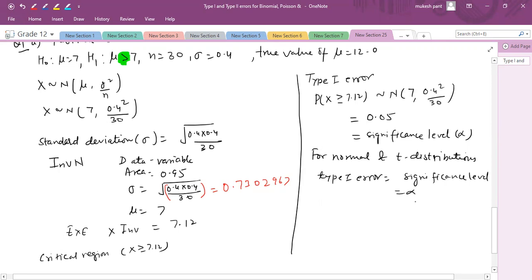That's why type 1 error is not asked in the case of normal or t distributions, right? So you have to find the type 2 error, as per the question.